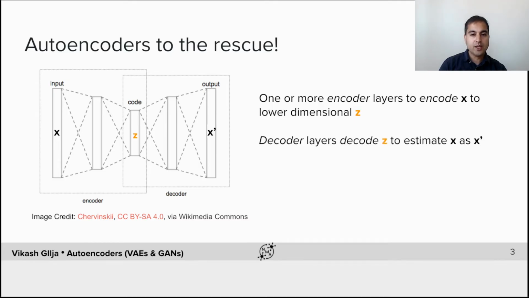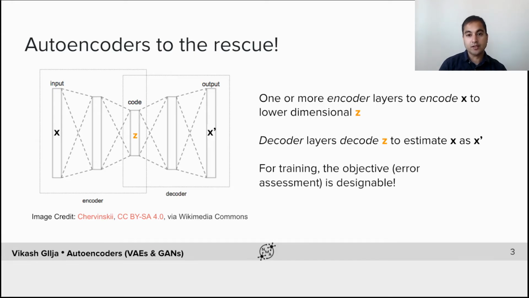And then we have a complementary set of decoder layers that project back from Z an estimate of X, oftentimes referred to as X prime. We can design an objective function that relates X and X prime, as well as maybe put some restrictions on Z. This is all designable using deep learning tools.